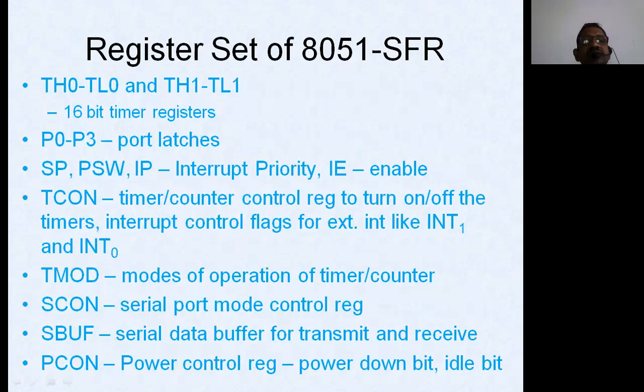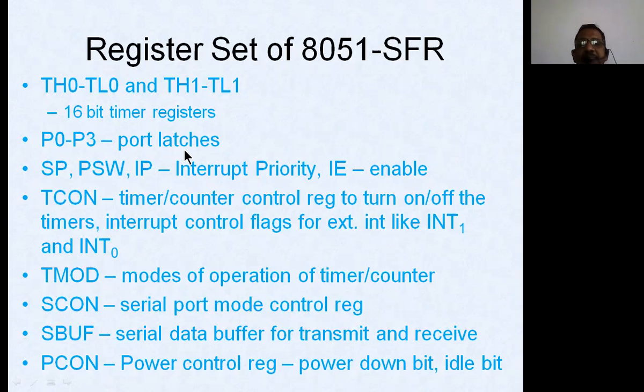Then the other special function registers are the timer 0 higher order, timer 0 lower order, timer 1 higher order, and timer 1 lower order bits. If we combine the timer lower order and higher order bits, we get 16-bit timer registers. We also have the port latches P0 to P3.